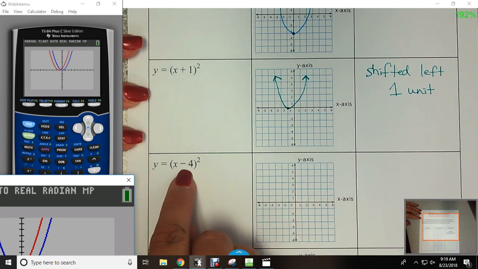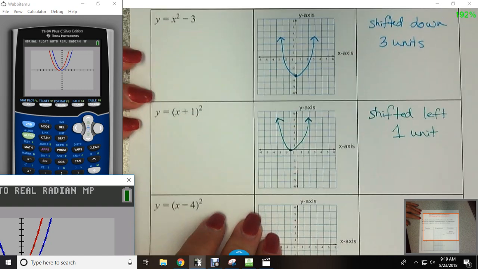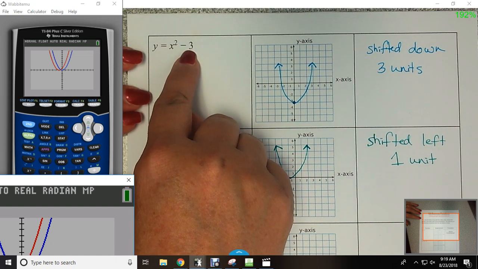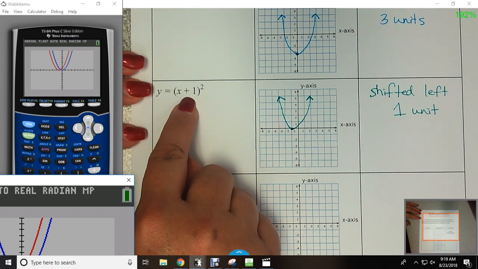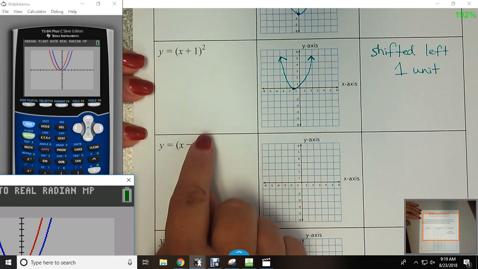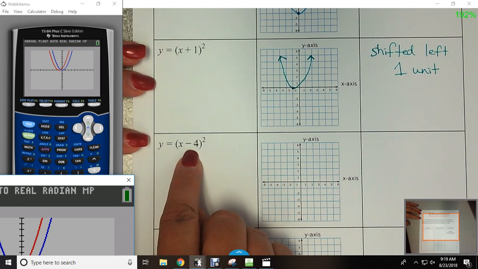So now, what do you think this minus 4 in the parentheses is going to do? Okay, if the stuff that came after my square moved it up and down, and this one moved it left, what do you think this is going to do? I think it's going to shift it to the right 4 units.